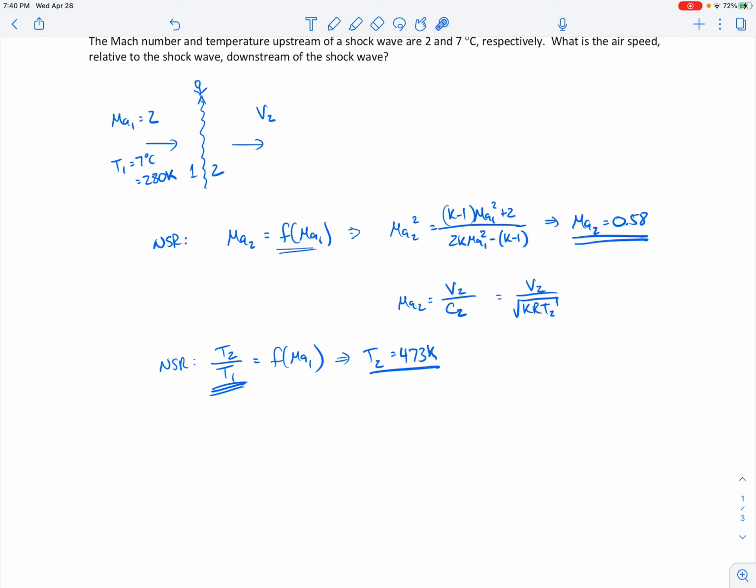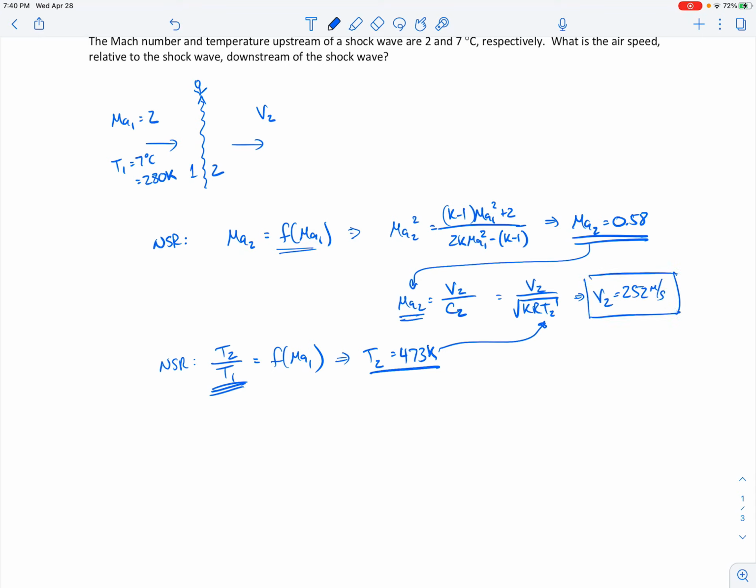You can see that the temperature goes up across the shock wave, right? The temperature went from 280 Kelvin to 473 Kelvin, so it went up. Now that we have that temperature, we can plug it back in here to get the speed of sound. And then once we have the speed of sound and we know the Mach number at 2, we can calculate the velocity at 2. And that comes out to be 252 meters per second.